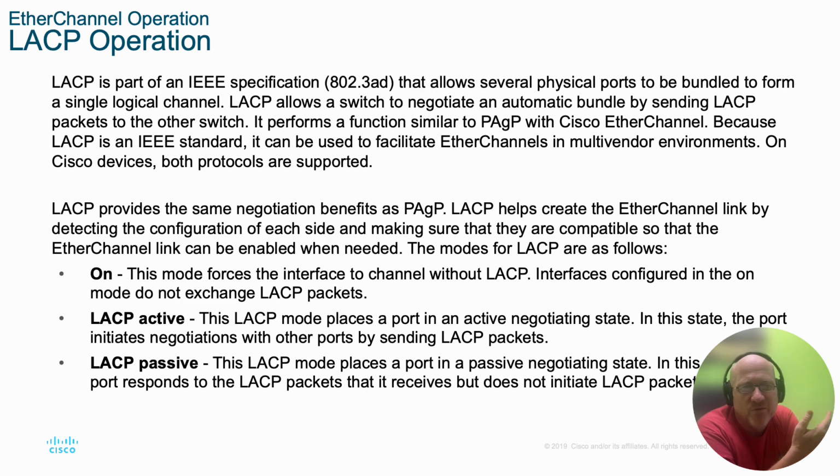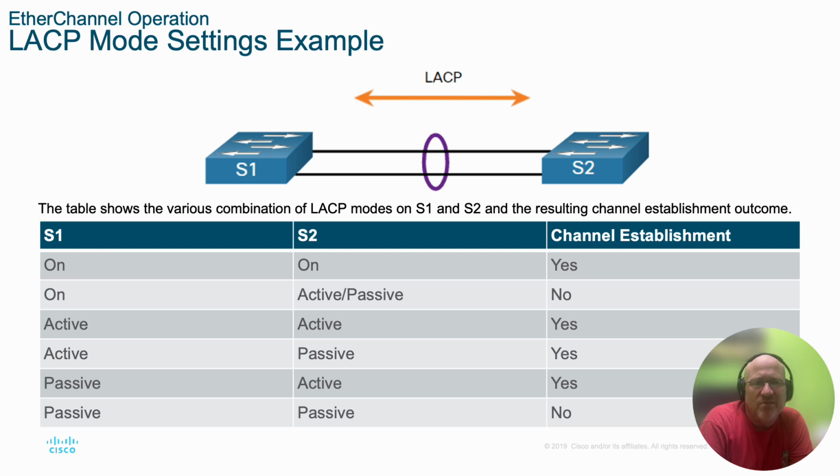It just talks about active and passive modes, and it's got a range of different negotiation positions. These are the kind of things you need to memorize for the test.